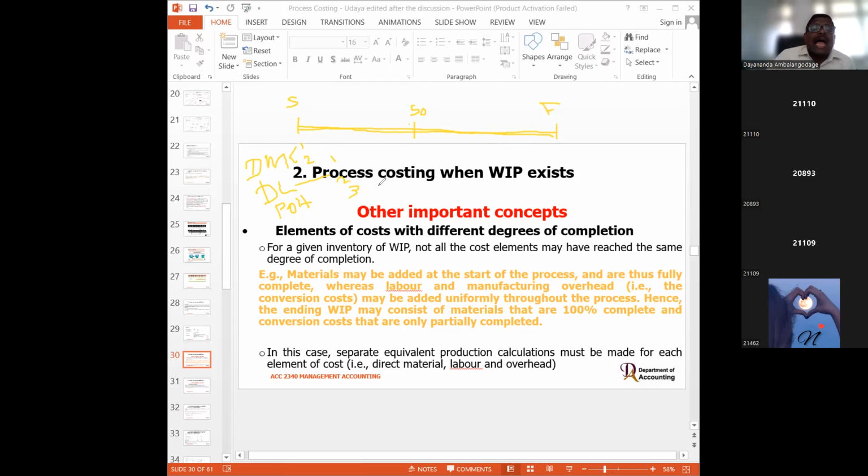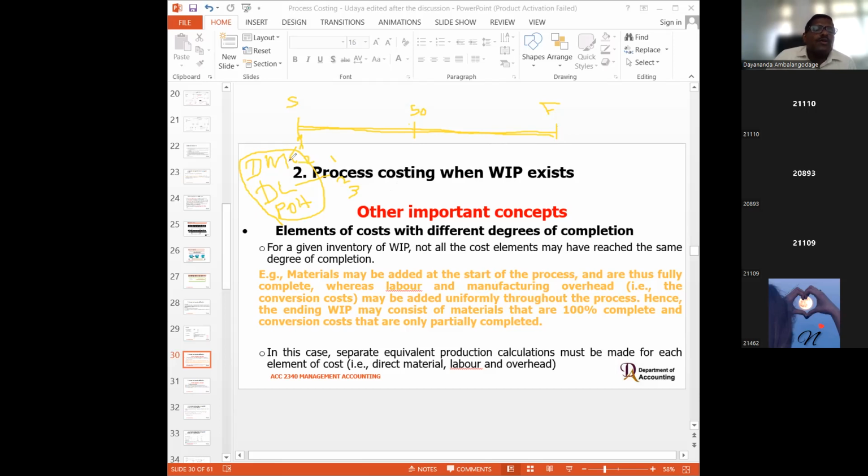What is important is at which point you introduce these particular resources. Suppose you introduce all the resources 100% at the starting point, then whatever you talk about, WIP is 100% completed. That's why in this case, material may be added as a starter.